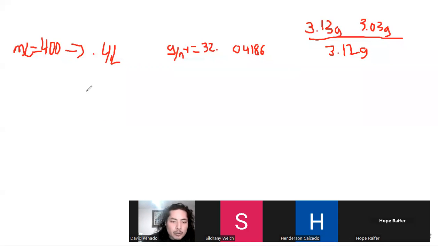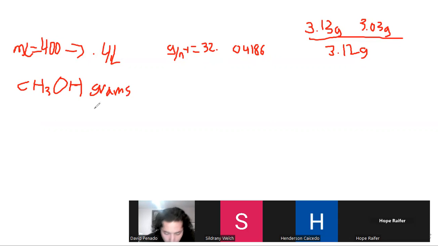All right, so I'm gonna write down what we have. Let me go back to the question. This is the substance that we're working with, CH3OH. What they're looking for is grams. What we have is milliliters, and what we have is molarity.